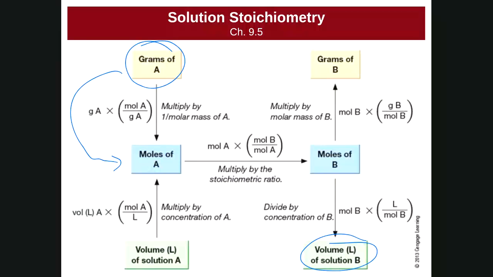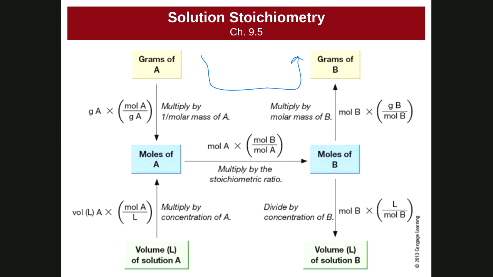We used our balanced equation to find the moles of nitric acid, and then we used our concentration of nitric acid to get to our volume of nitric acid that was needed. So that is one way you can go about this. This is what we did previously, grams of A to grams of B. We can also do volume to volume, or like we just saw, we can go from grams to volume or volume to grams. So let's pause here and go to another video because this one's really long.